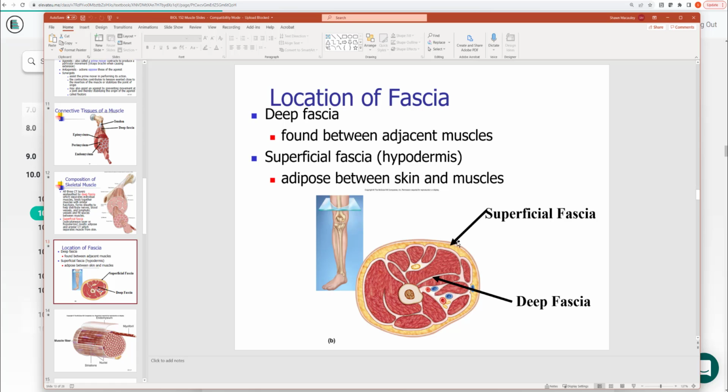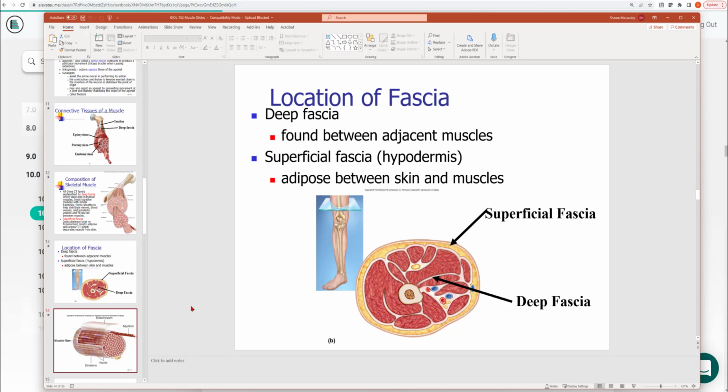Superficial fascia, same as the fat that is underneath the skin, the hypodermis. And the deep fascia, again, is that dividing connective tissue that separates the muscles from each other so they can all do their individual work, right? Some of these muscles would be contracting, others would be extending, and so we need to have the ability of muscles to slide over each other while still being in close contact with each other.